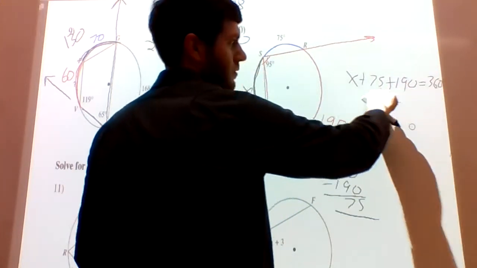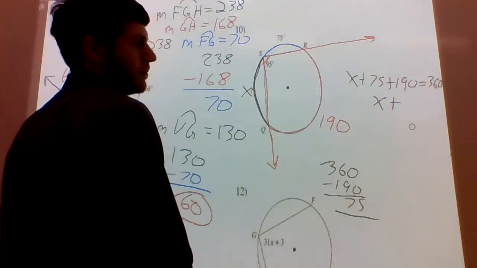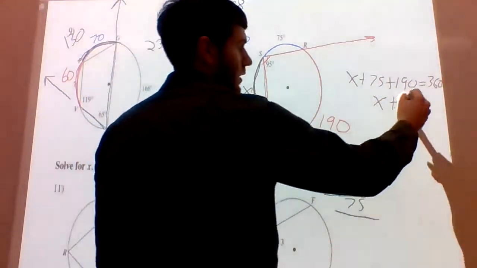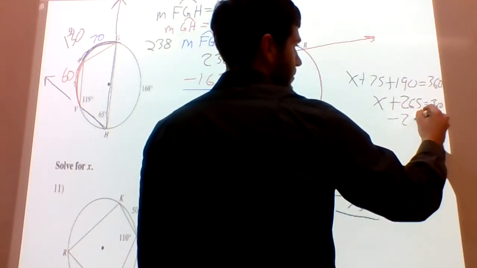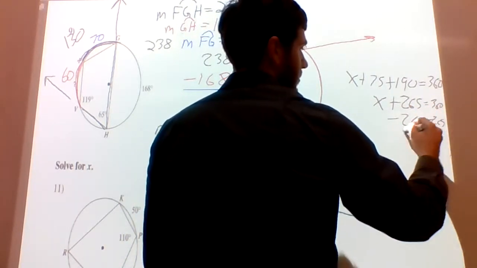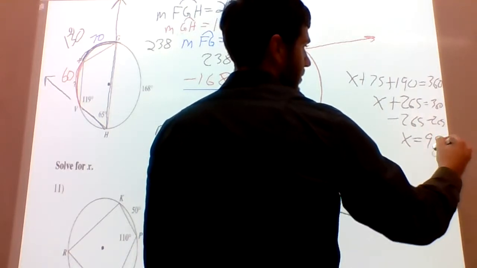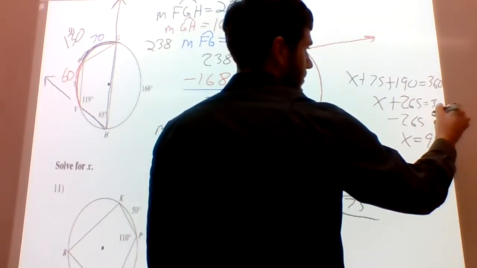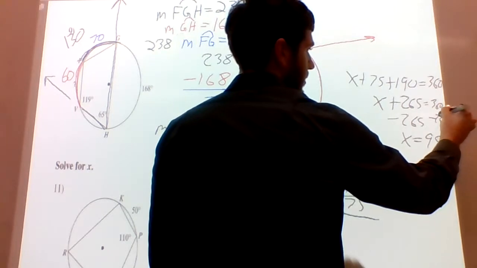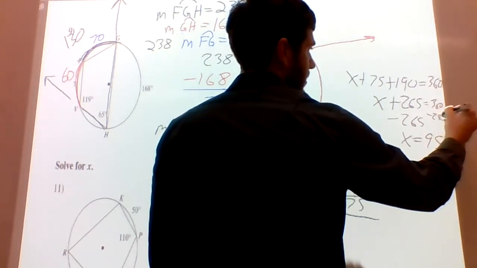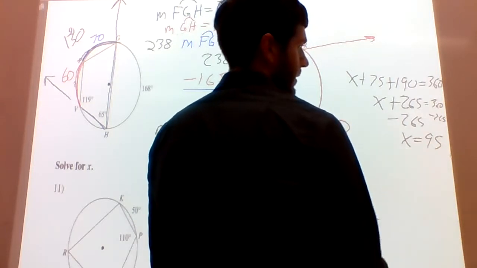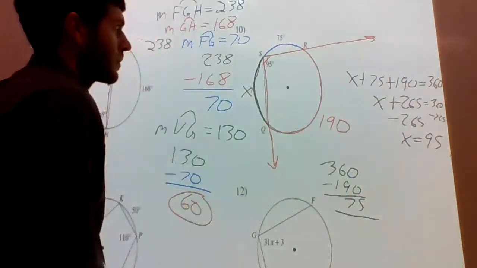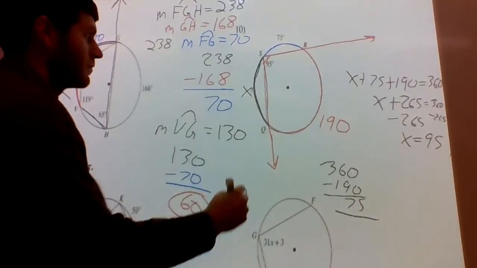X plus 265 equals 360. Subtract 265. You get X equals 95. And this is 265. So X is 95.